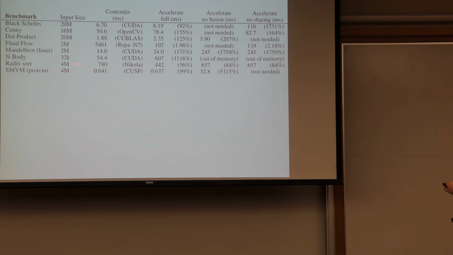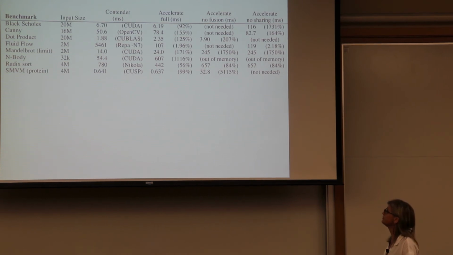And you can see here, with the embodied implementation, without fusion, you can't even run it, because we generate so many intermediate data structures that it just runs out of memory. But even with the fully optimized Accelerate implementation, it used to be about 10 times slower than a handwritten CUDA implementation.